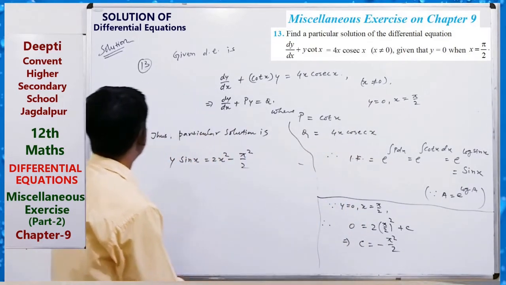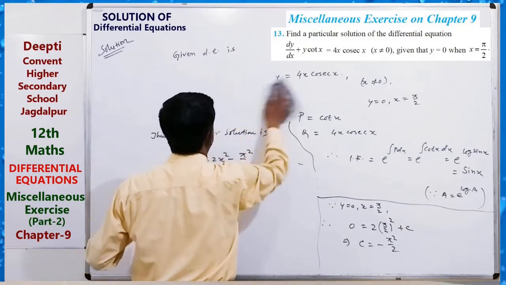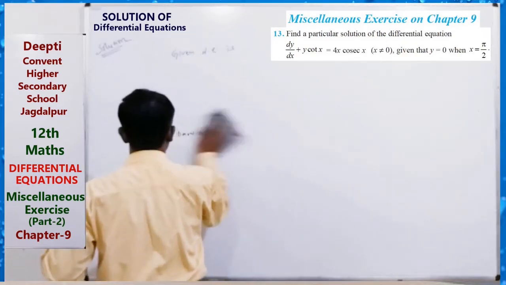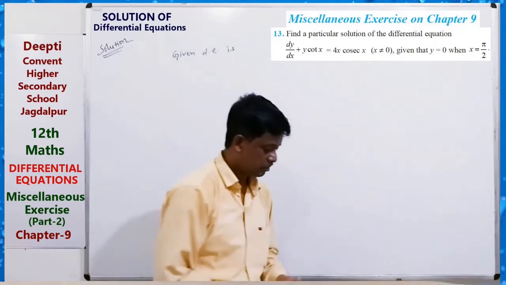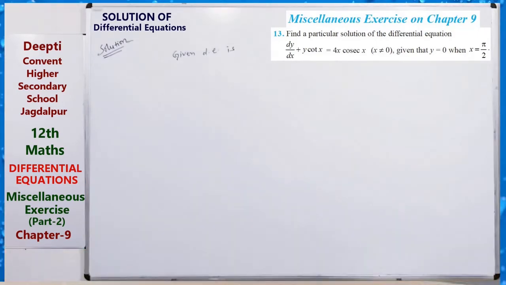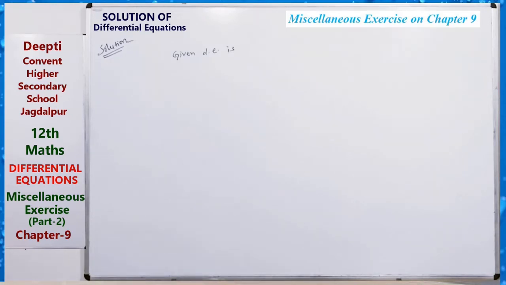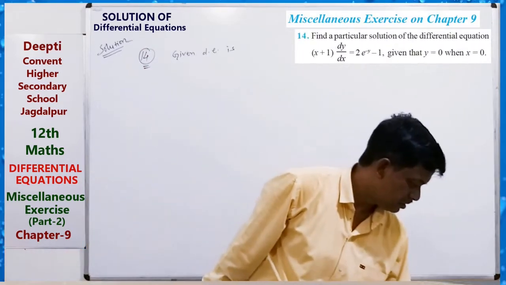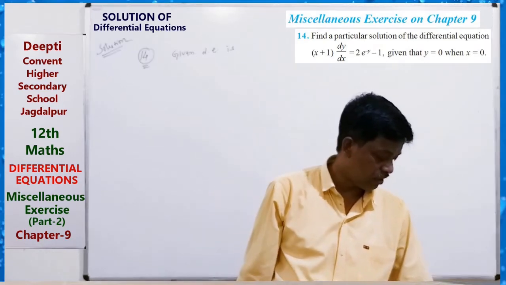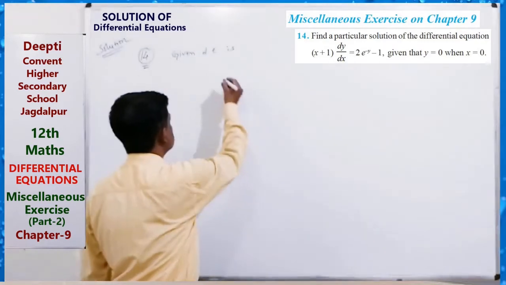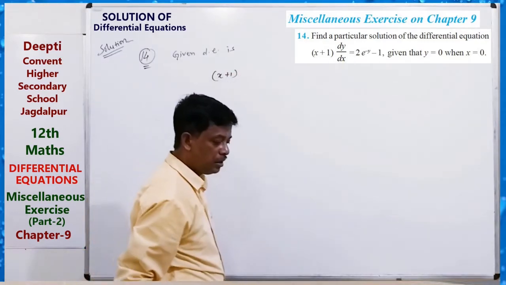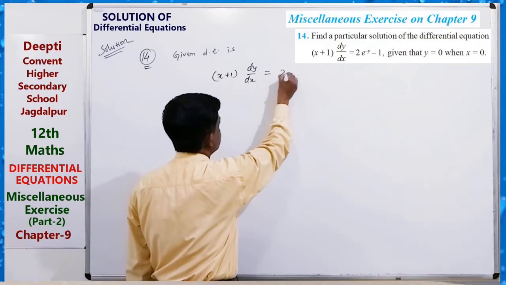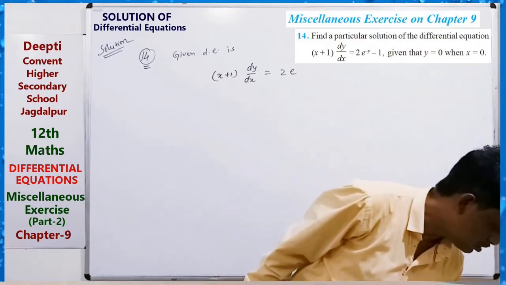It is just finding the particular solution. (x plus 1) dy by dx equals 2 e to the power minus y minus 1.